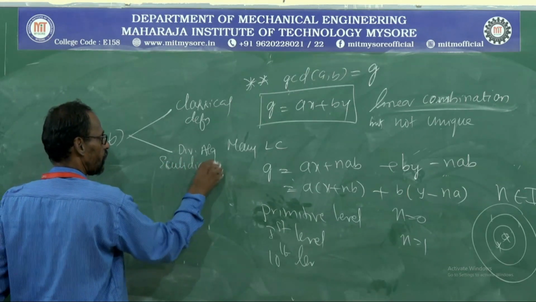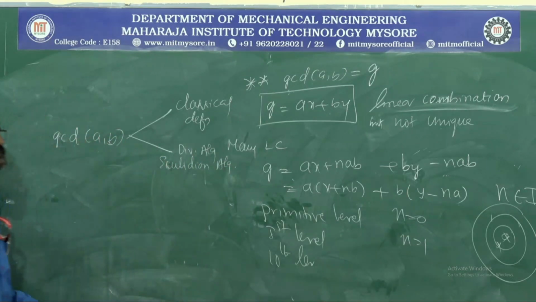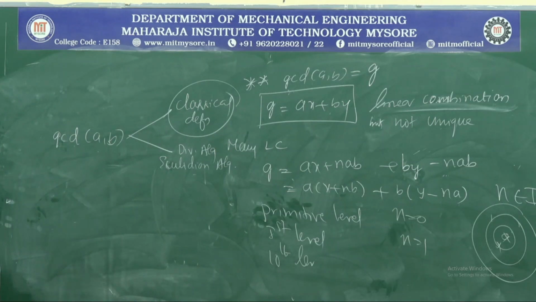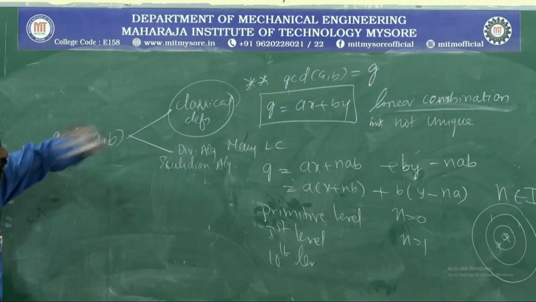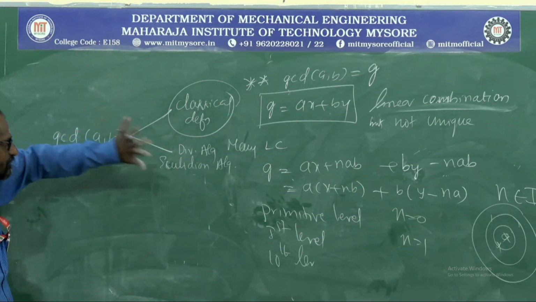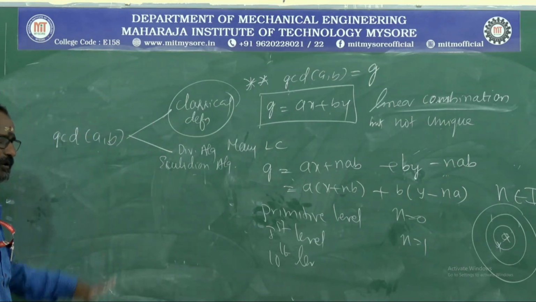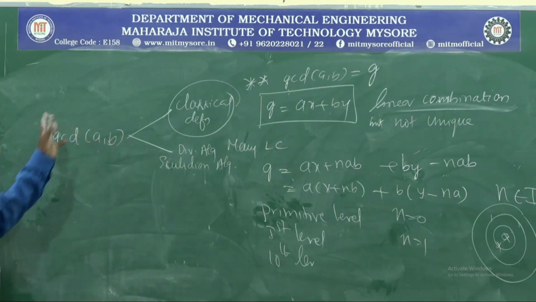My sincere advice is never go to the classical definition, always stick to the division algorithm, that is the Euclid algorithm. Whether the numbers are simple or complicated, you can do it easily using a scientific calculator.